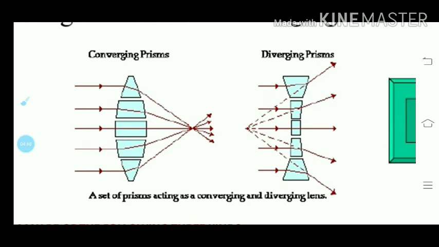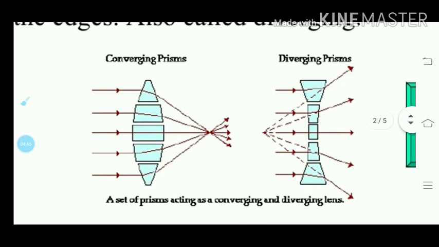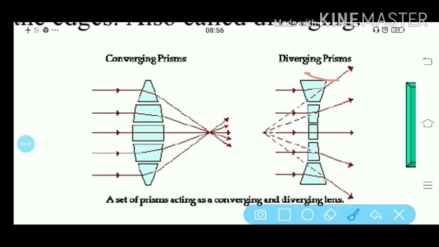On the other hand, a concave lens in its upper part has a prism with its base upward, and the angle A is towards the downward. Here in this diagram also, the concave lens has the base of the prism upward, and here the base is towards the downward.